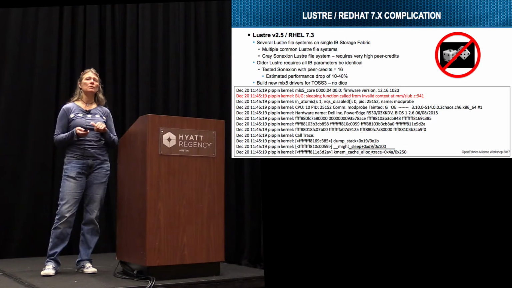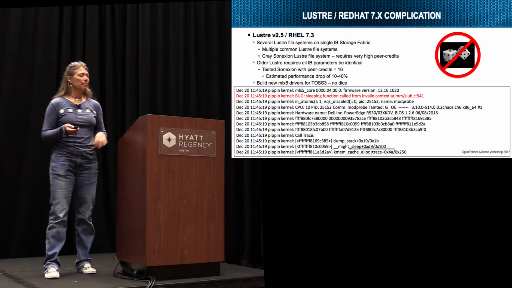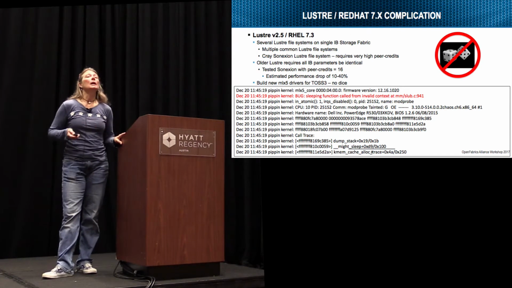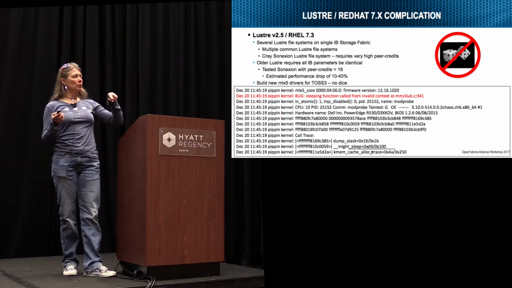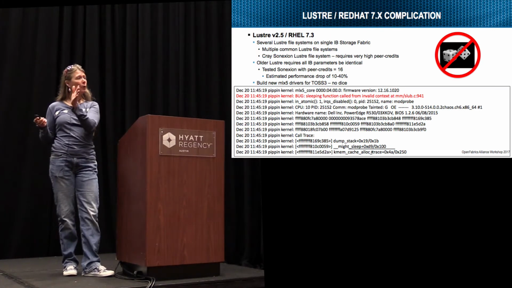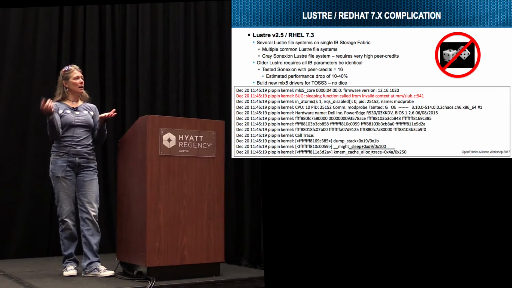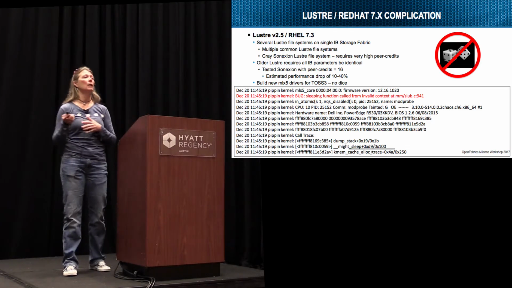The CTS1 clusters were put on the floor summer, fall of last year. They are now TOS 3, which is RHEL 7, but still TOS. And they are OPA internally, but our I/O nodes, which are our gateways to Lustre, have OPA on one side and Mellanox on the other, so that we can talk to our Lustre file system and our IB backbone.